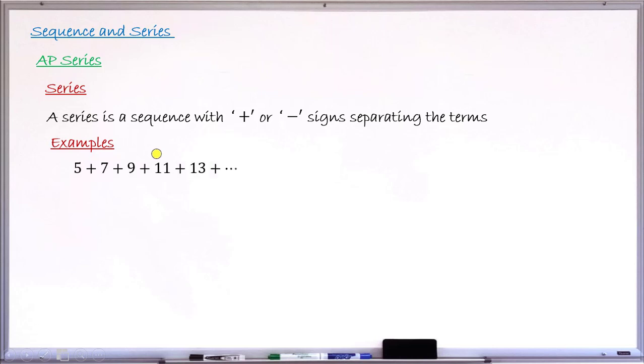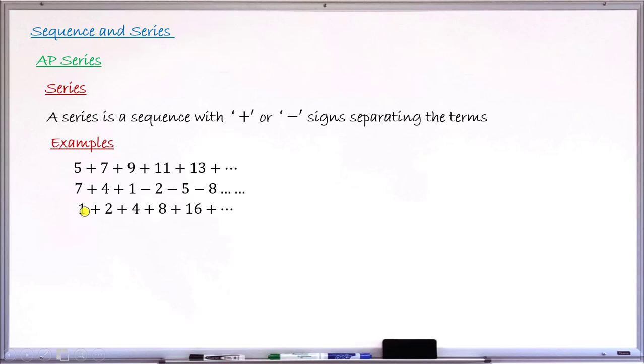Examples: number 1, 5 plus 7 plus 9 plus 11 plus 13 plus, it continues like that. You can see what is separating the terms 5 and 7, 7 and 9, 9 and 11 is the addition sign, and then it is called a series. Other examples: 7 plus 4 plus 1 minus 2 minus 5 minus 8.